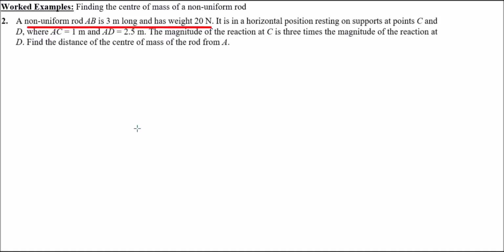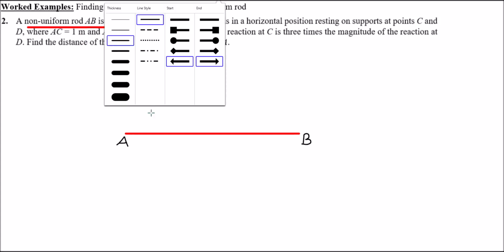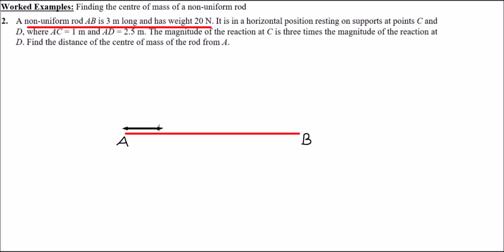So let's label this in. AB means it starts at A and runs through to B. It's in a horizontal position and it rests on supports at C and D. So from A to C is 1 meter. So let's label this on, and from A to D is 2.5 meters, where D is the other support.